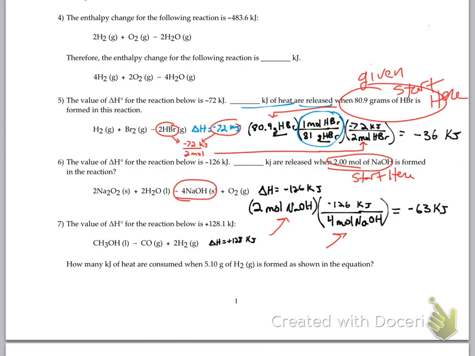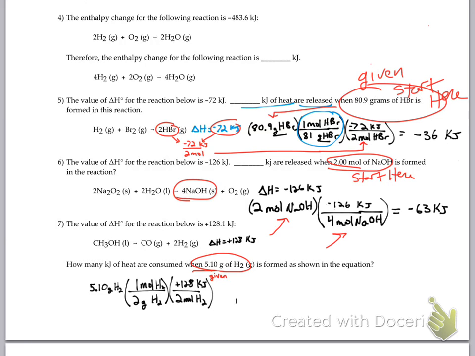Our next reaction, CH3OH, yields CO plus 2H2 with an enthalpy change of plus 128 kilojoules. And we know that there's 5.10 grams of H2 given. That's what's produced, that's what's formed. Let's start with that. So first we convert 5.1 grams of H2 into moles of H2 by dividing by the molar mass, 2 grams per mole.